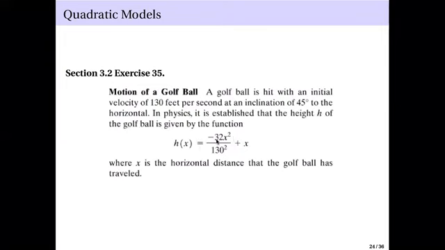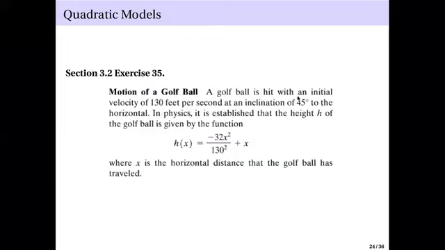H of x equals negative 32x squared over 130 squared plus x, where x is the horizontal distance that the golf ball has traveled. Very much similar to the basketball problem, except that, of course, in golf, your ball will start from the ground.